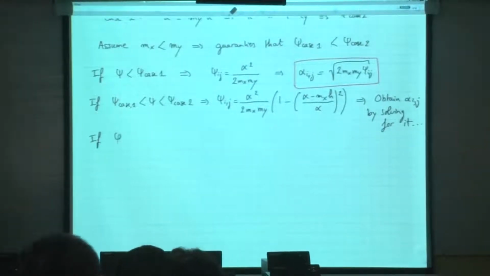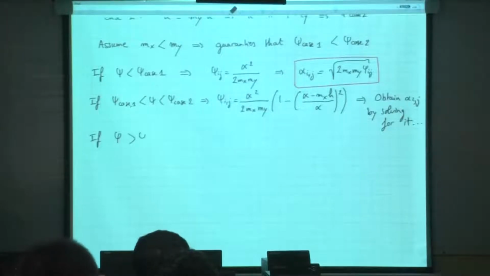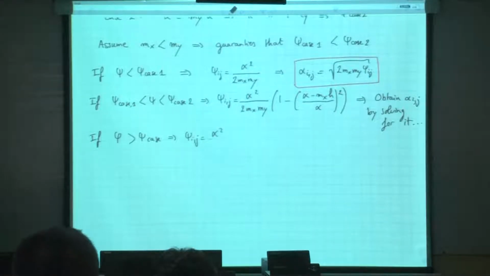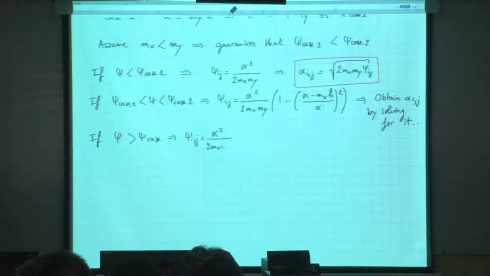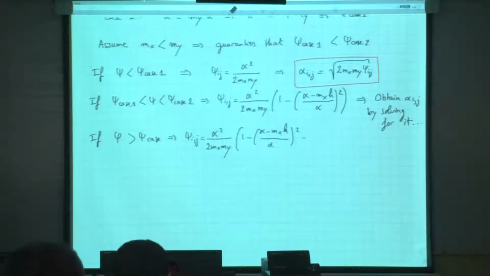So now if psi is more than psi case 2, then we have to account for both corrections simultaneously. The full expression is just a tad bit more complicated than before. It looks like this. There's the correction for the right tiny triangle, and there's the correction for the top tiny triangle.